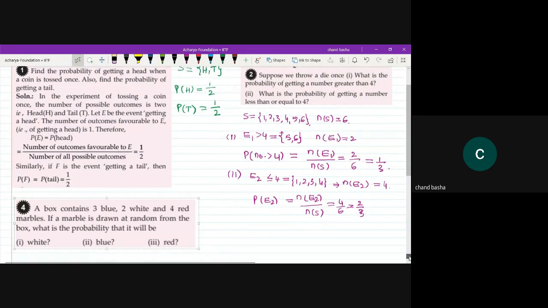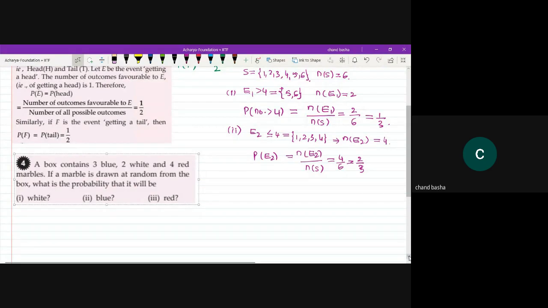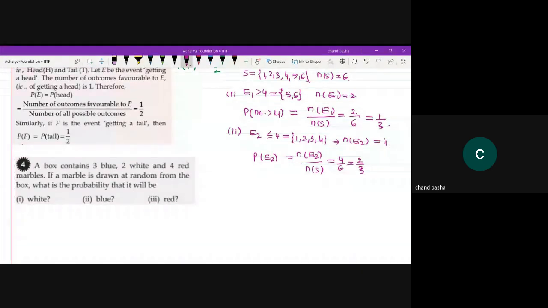If a marble is drawn at random from the box, find the probability of getting white, blue, red. It's also the same as the previous question.